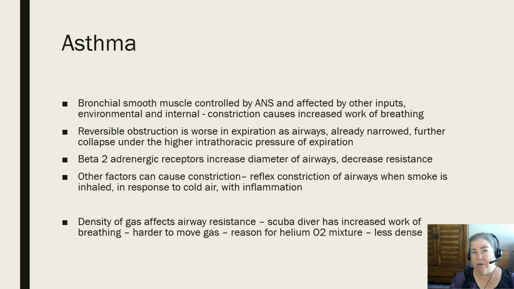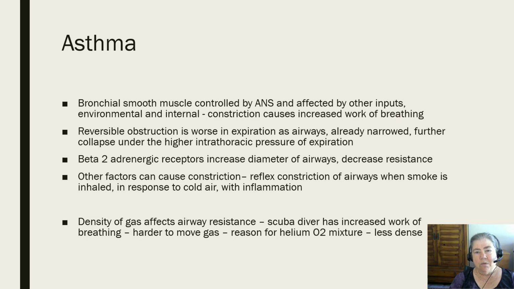Asthma is another obstructive disease. And in asthma, the airways are quite reactive. So the bronchial smooth muscle in the small bronchi and the bronchioles is controlled by the ANS, but also has other inputs, some of them environmental, some of them internal.